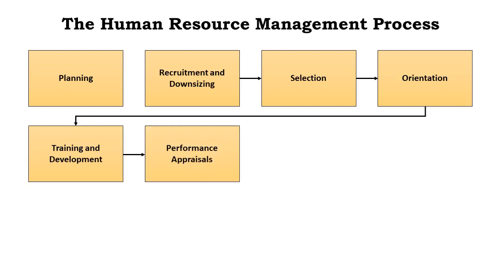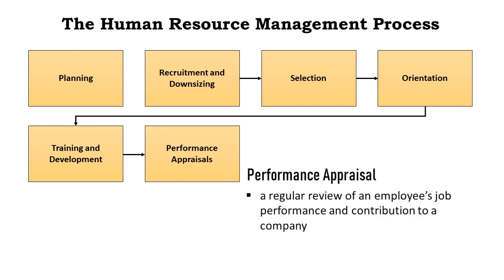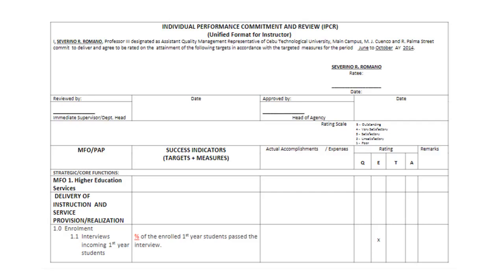Next is the performance appraisals. Performance appraisal is a regular review of an employee's job performance and contribution to a company. In the government, we have the IPCR, or the Individual Performance Commitment and Review. This is how we are rated biannually for our performances.